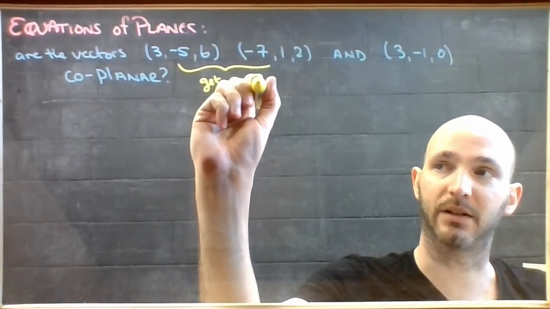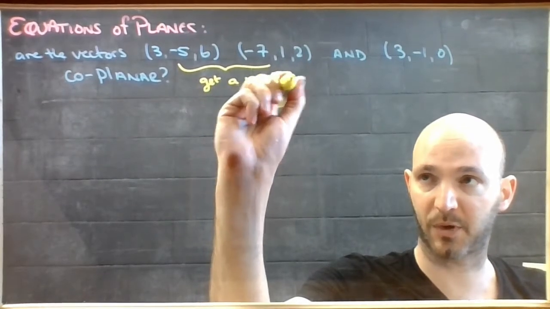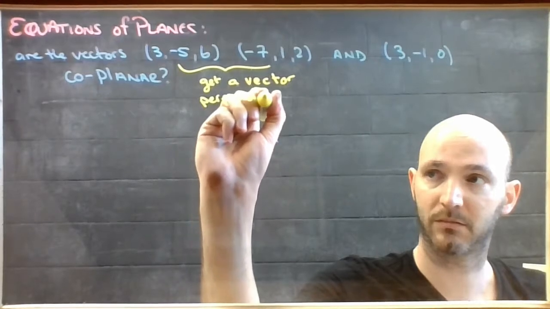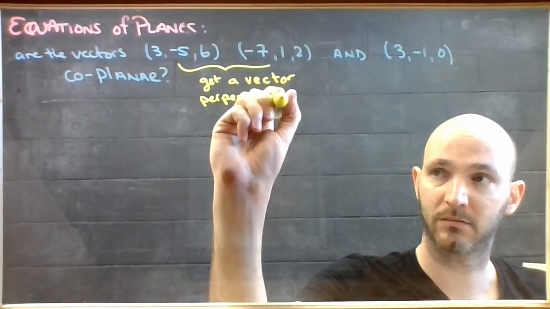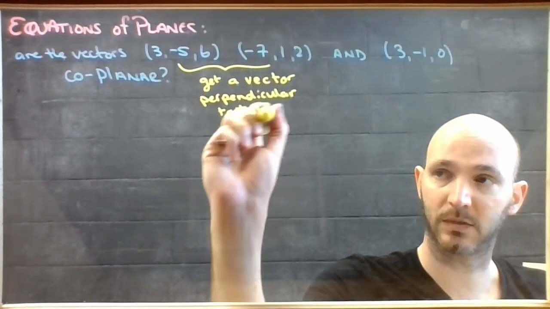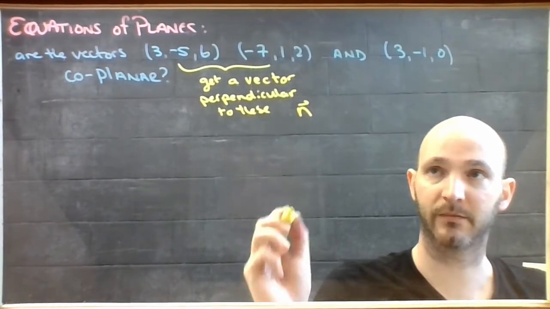Get a vector perpendicular to these, and we'll call it n.